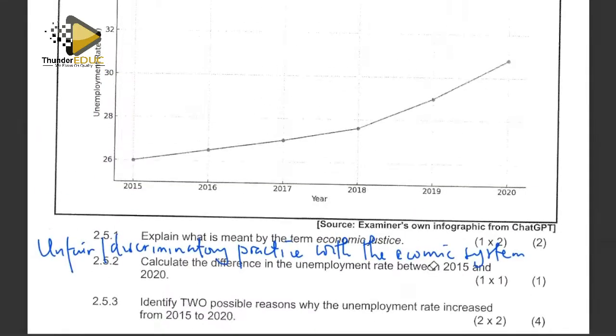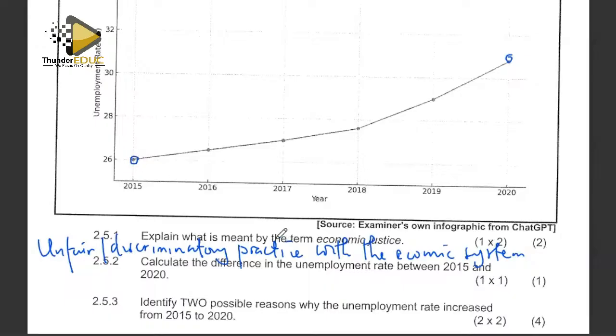If we check here, our graph is basically from 30 to 32, and our marking here is approximately halfway by estimation. We can conclude that around here might be 31 slightly. Then by 2015, it's 26.